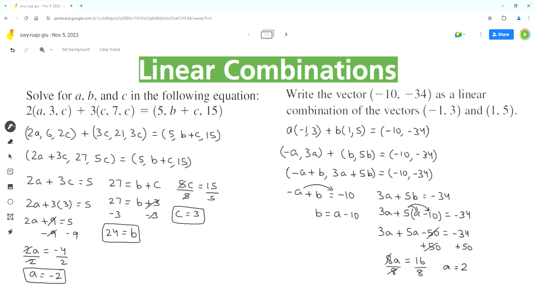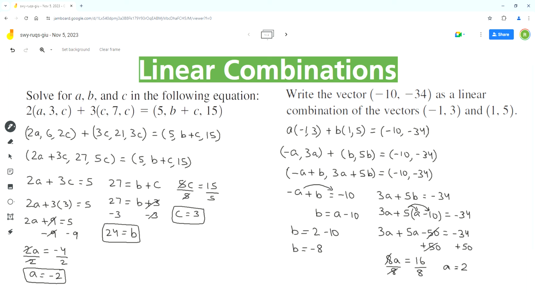Now we can use this value of a to find the value of b. So b is equal to negative 8.